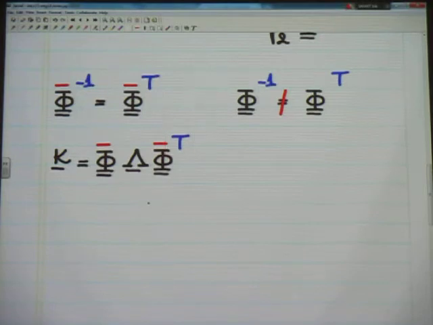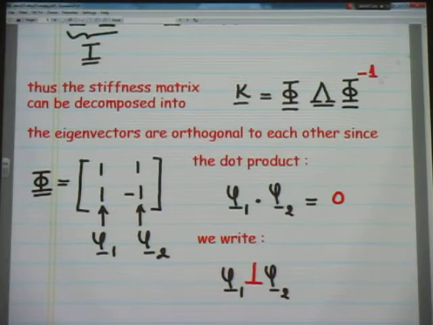So now, how do you solve the problem KD equal to F? Remember the original problem that we wanted to solve is KD equal to F, and that is shown here.